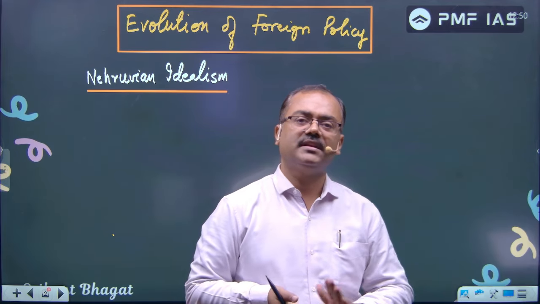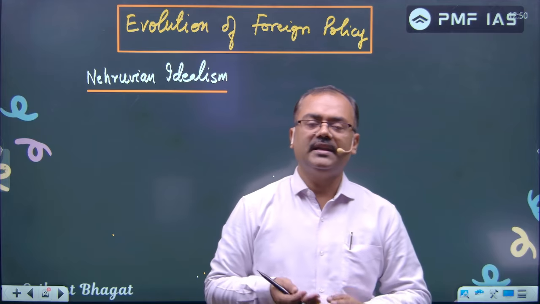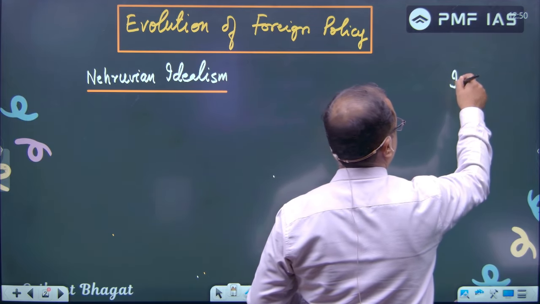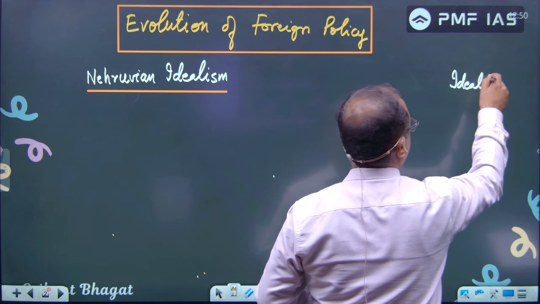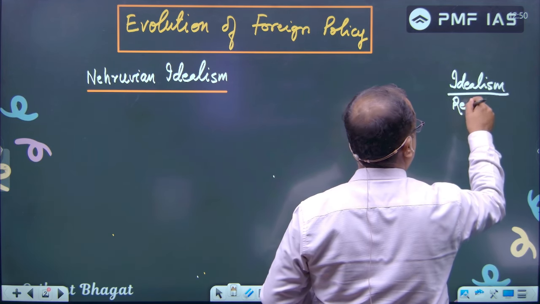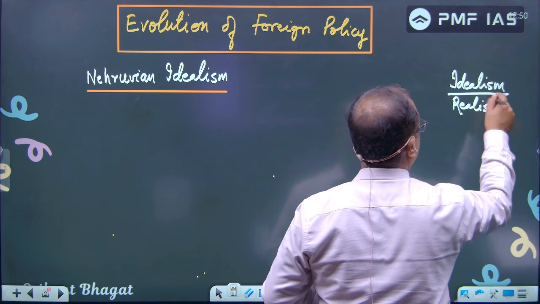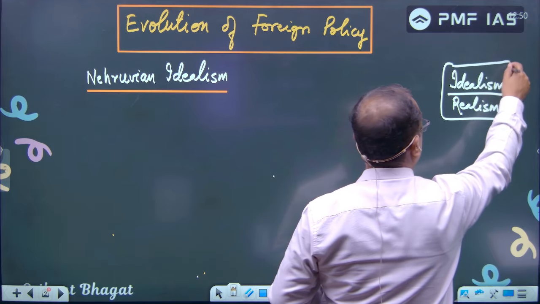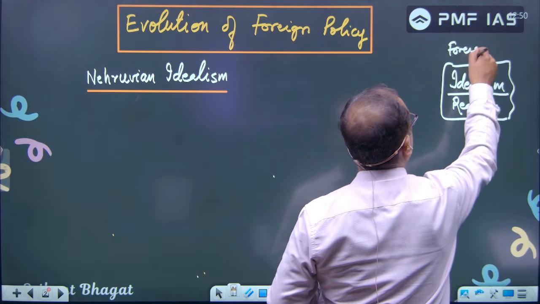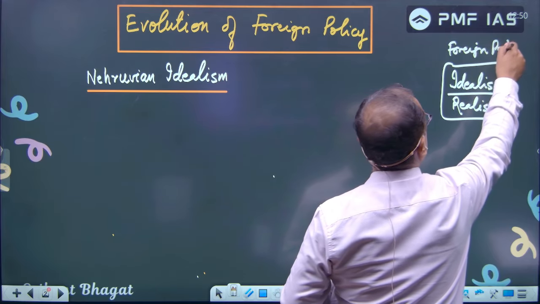I discussed in yesterday's class. When we talk about idealism, again I am recapping because it's a specific class. Idealism and realism. Two contrasting approaches to foreign policy or diplomacy.